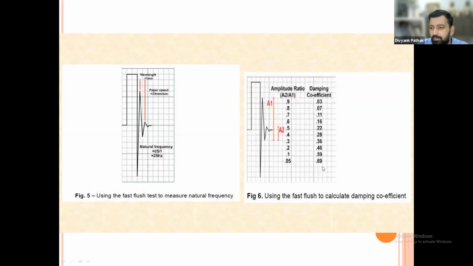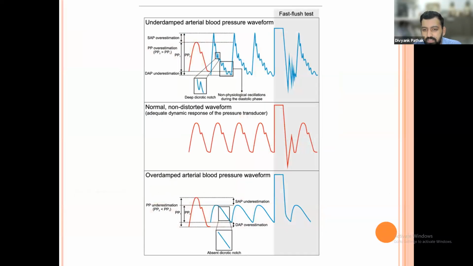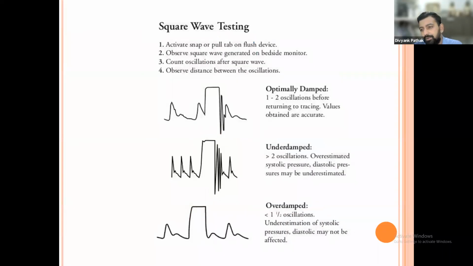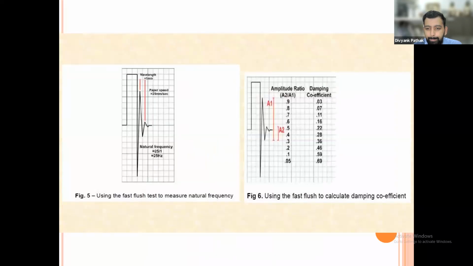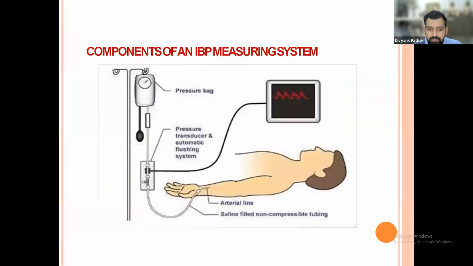So this is a mathematical calculation for the dampening coefficient, but practically I don't think anybody uses it, because by seeing the reverberations we can tell whether it is over dampened or under dampened. So this was the easy method to remember. For this you have many articles, you can go into detail.